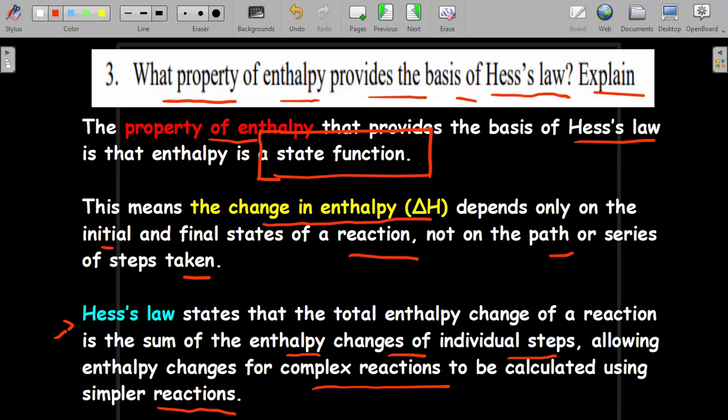In most of the questions, you'll be given simpler reactions, and from them you'll be asked to calculate the enthalpy change of a more complex reaction. So we are going to be calculating such enthalpies by using Hess's law.